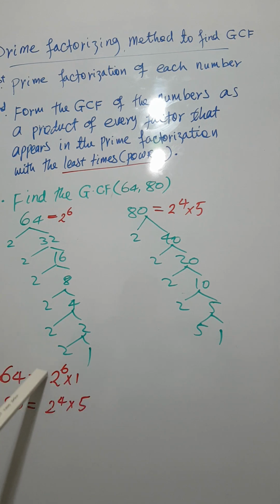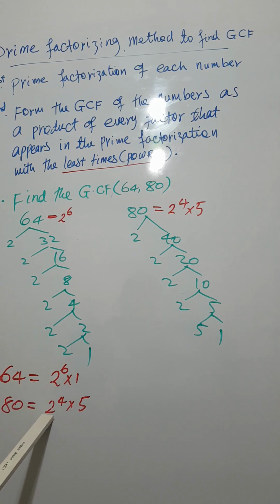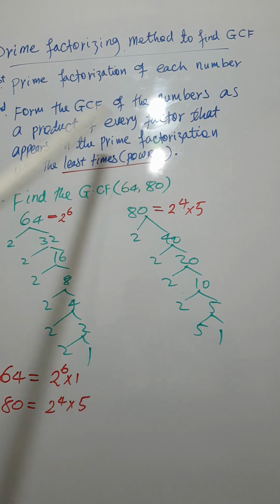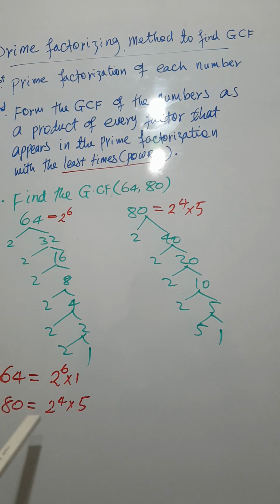Now 2 appears in both, as a factor of 64 and 80. But in which case is the power of 2 less? That is the biggest question. Here the power of 2 is 6, so 2 to the power of 6. Here in 80 the power of 2 is 4, so 2 to the power of 4.